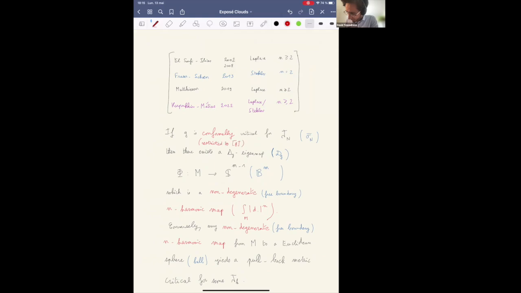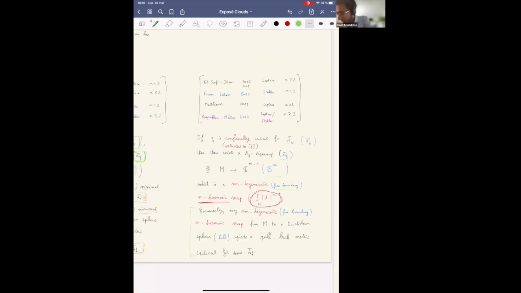And in this case, in the case n equal to 2, we obtain harmonic maps. In the case n higher than 2, we obtain n-harmonic maps, non-degenerate harmonic maps. And here also we have a version for Steklov, and a converse statement.